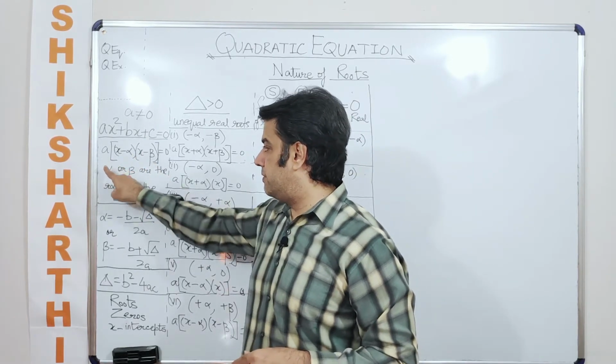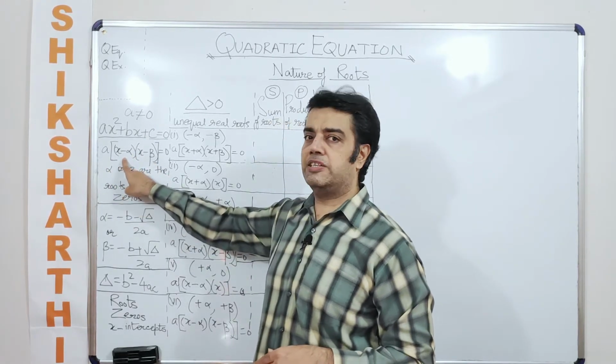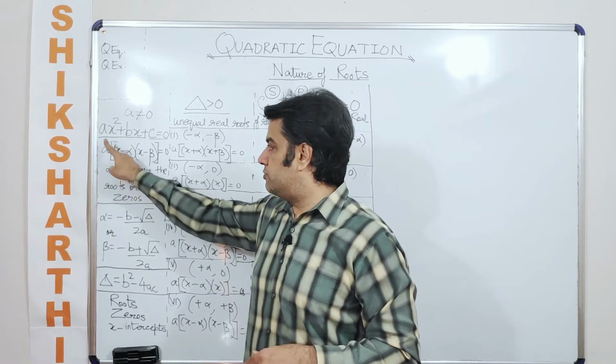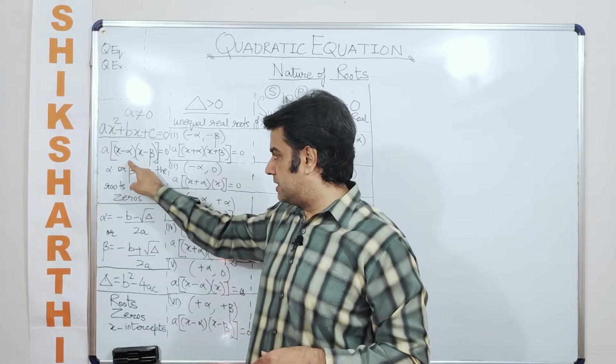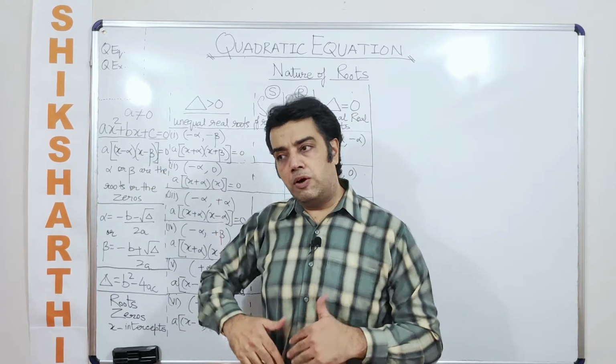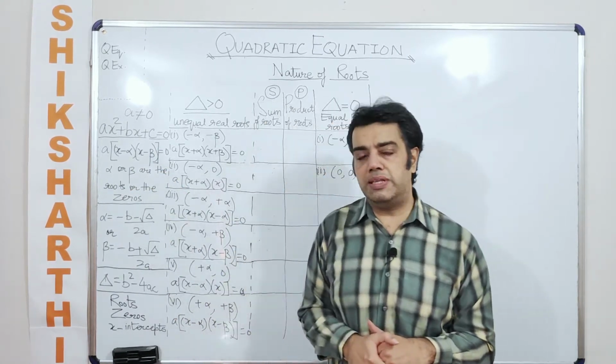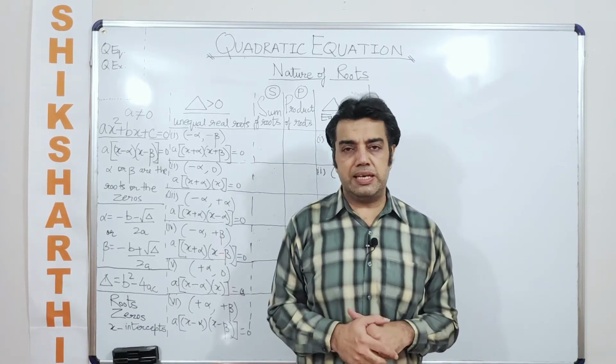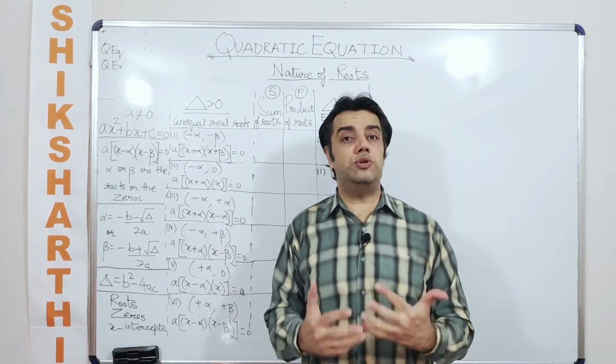We are saying that if the roots are given, then the quadratic expression will be written like a times of bracket starts into x minus alpha into x minus beta. And how will the quadratic equation be formed? That will be written as a times of x minus alpha into x minus beta is equal to 0.